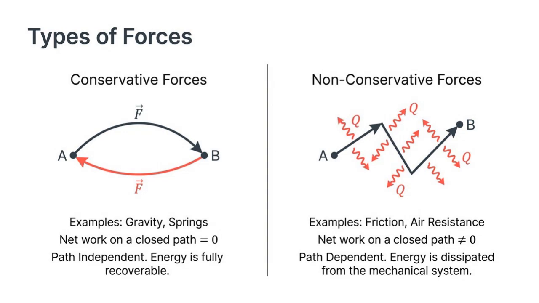On the other hand, non-conservative forces such as friction and air resistance cause energy to be lost from the system. The net work done over a closed path is not 0, which means some energy is dissipated, usually as heat, and can't be recovered mechanically. These forces depend on the specific path taken, so the work done changes based on the route an object follows. This distinction is important when analyzing energy changes in physical systems.